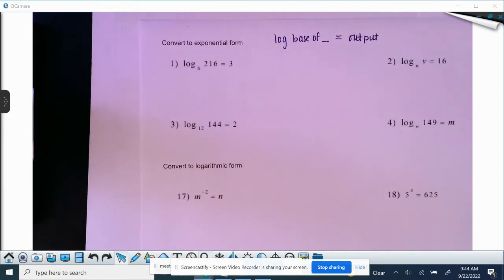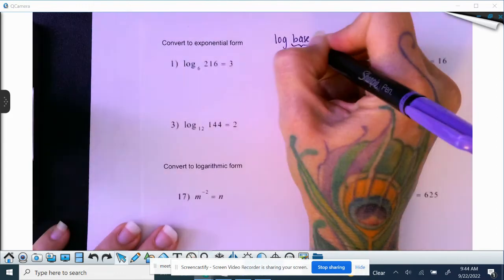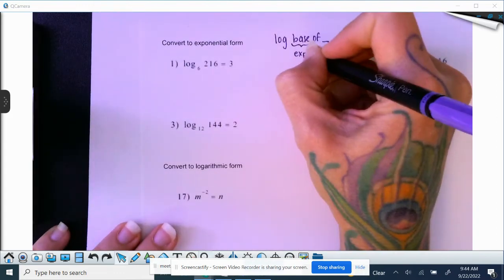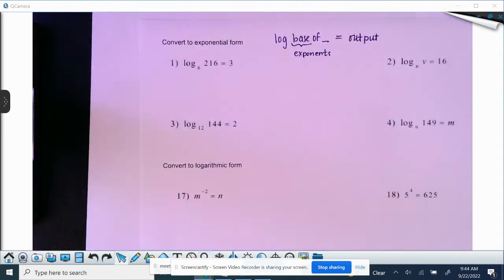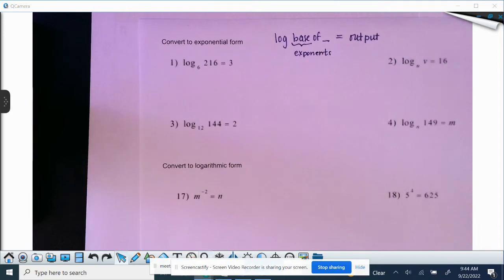So log base, when you think of the word base, hopefully we remember that from exponential functions or exponents. It's the number in the basement, is what I call it. It's the base number that we raise to a power as far as exponential, because logs are the inverse of exponential functions. To switch them, and as you guys already well know, I like to make up weird non-mathy things to remember things.